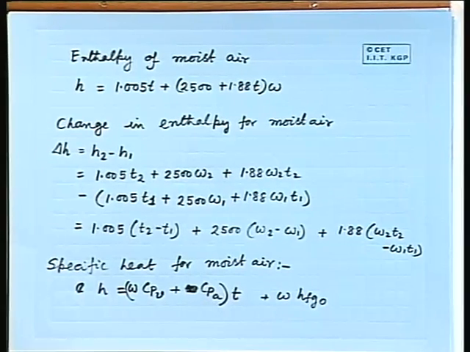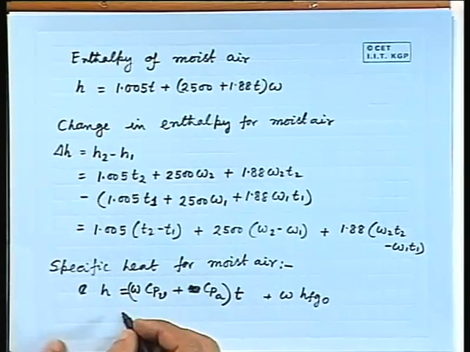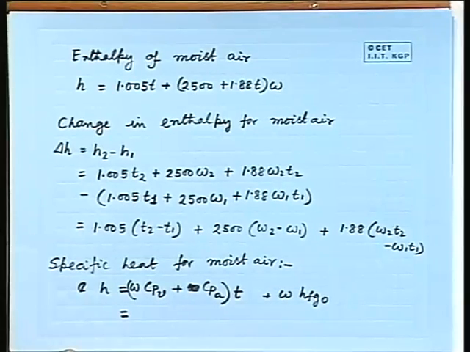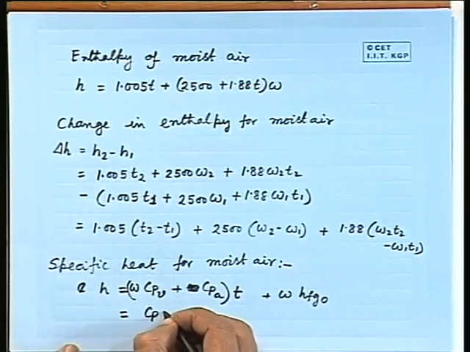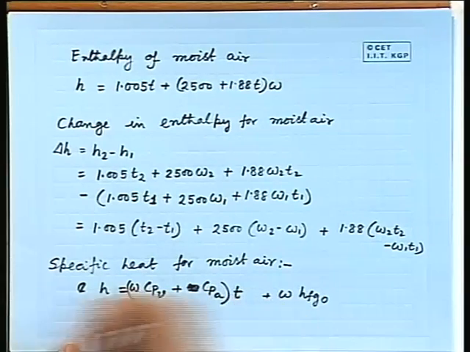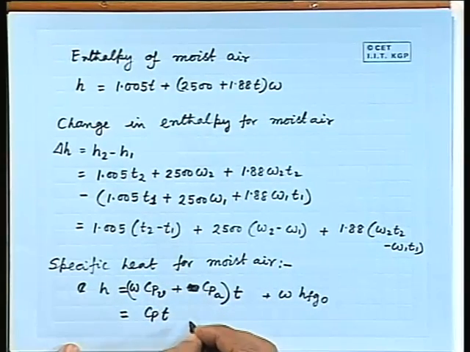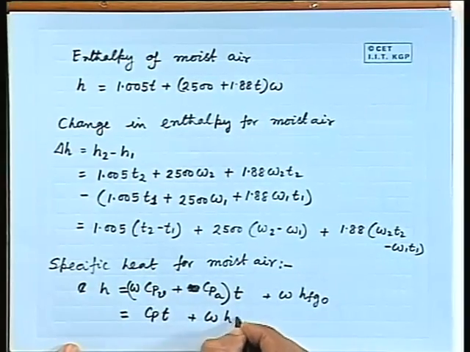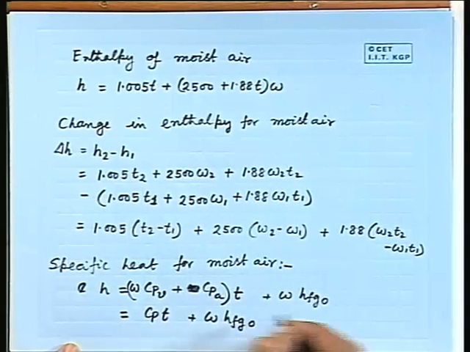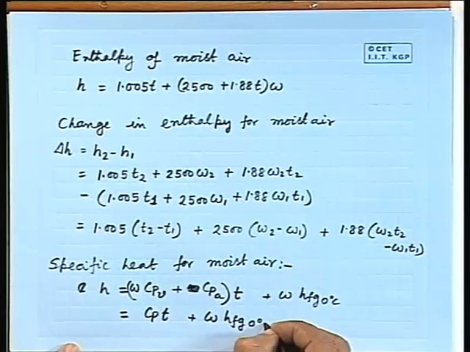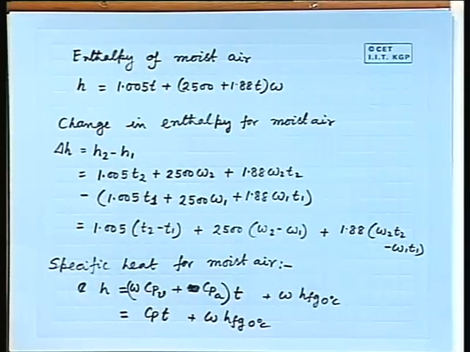This entire thing we call Cp. So, Cp T plus W hfg at 0, this is actually 0 degree Celsius. This Cp is a composite function of Cpa, Cpv and W.